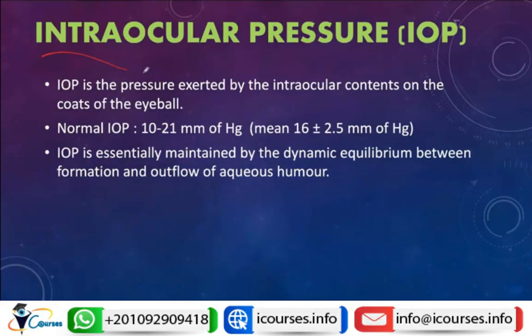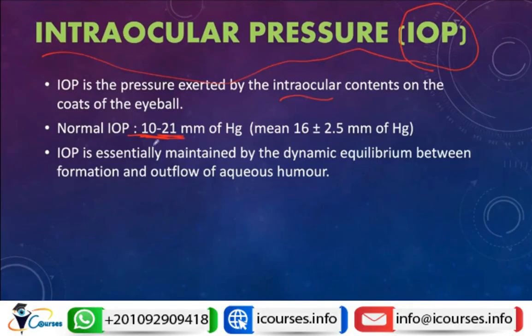Now let's move to the intraocular pressure. What is the intraocular pressure, how is it measured, and what are the factors that control it? The intraocular pressure is the pressure exerted by the intraocular contents on the eyeball. It is normally between 10 and 21. So this is the normal range, with 10 the lowest and 21 the highest level of the normal range.